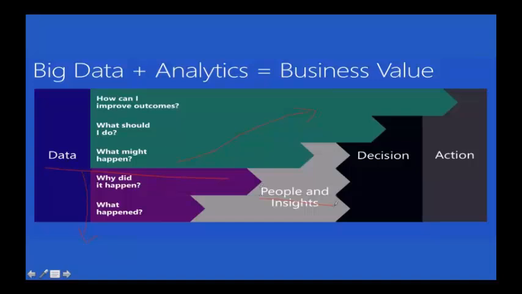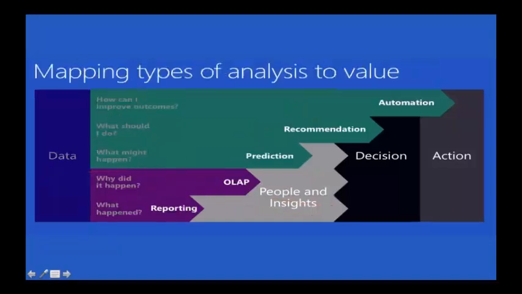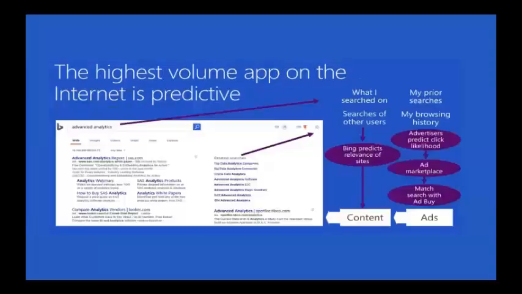You're getting closer to the action through predictives, optimizations, and automations. So have you ever been exposed to advanced analytics and predictive analytics? Absolutely yes. Every time that you go to your search engine and type something, there's an algorithm that is trying to figure out whatever is most relevant for you.